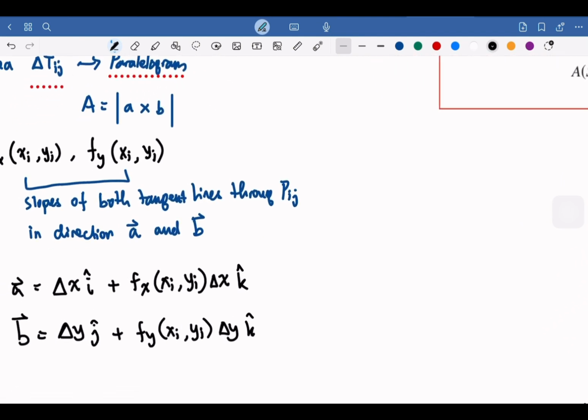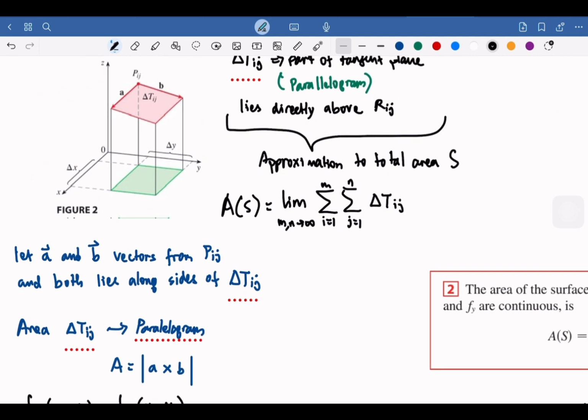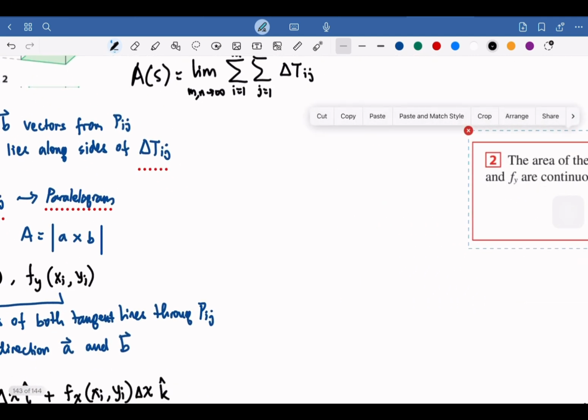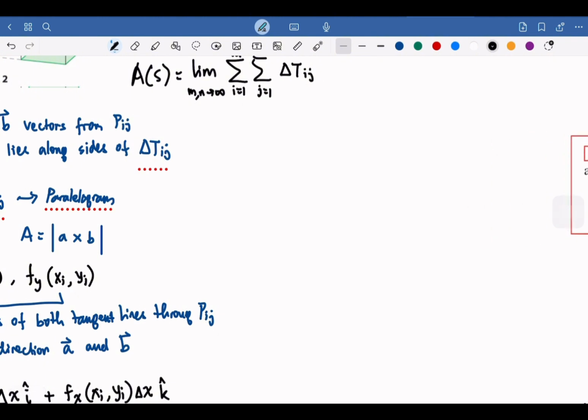Then we can compute the area, which means we need to compute the parallelogram. So the delta Dij will be the parallelogram area, which is A cross B, and then we can compute the magnitude value.